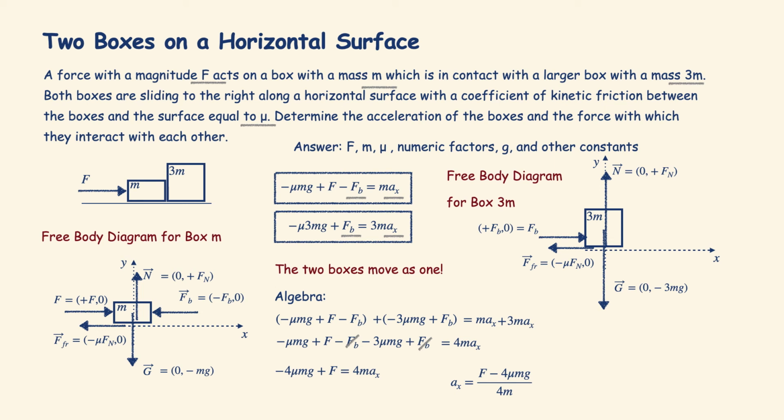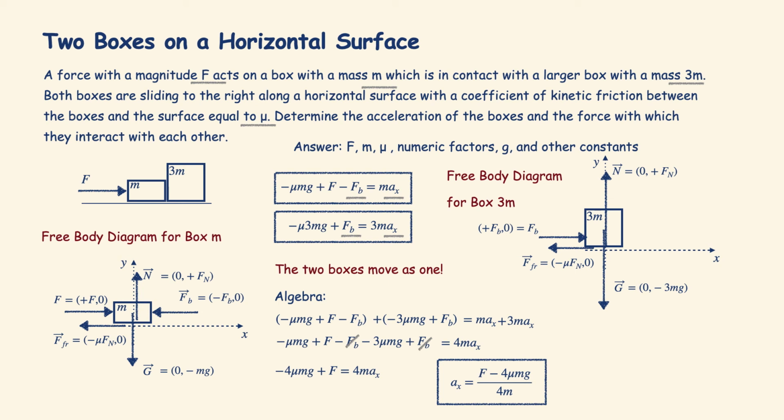The x component is going to be equal to F minus 4 mu mg divided by 4m. Remember, the y component is 0, so this answer is going to be the answer for the magnitude of the acceleration of the boxes.